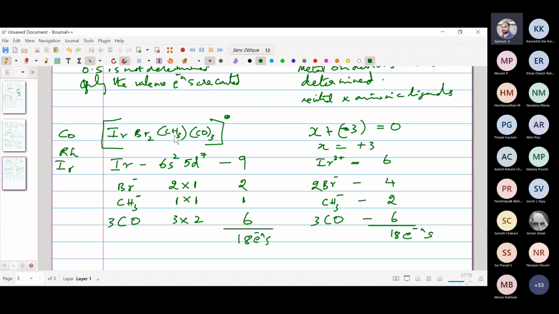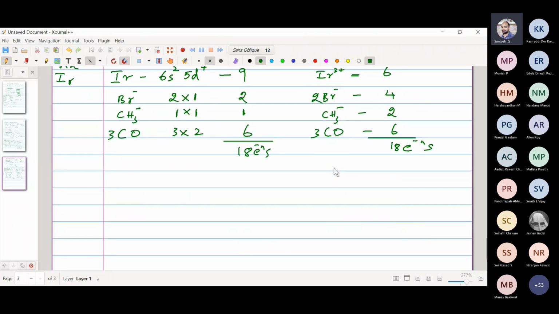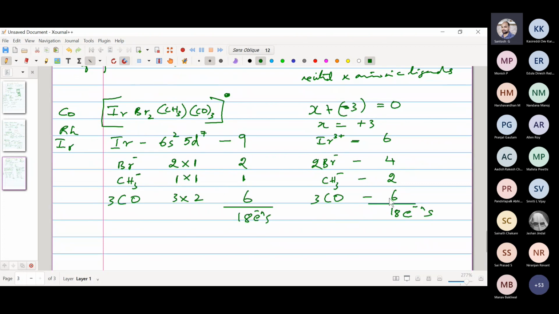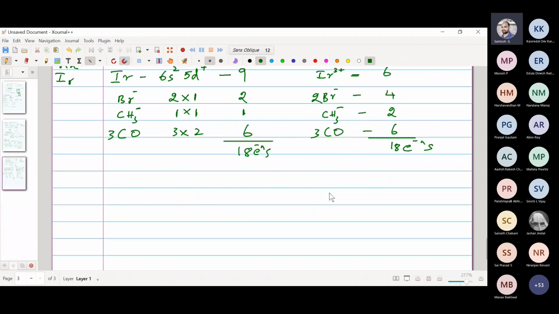And in the donor pair method, both anionic ligands as well as neutral ligands are all considered to be 2 electron donors. So if you do that, you will get the same electron counts in both the methods.